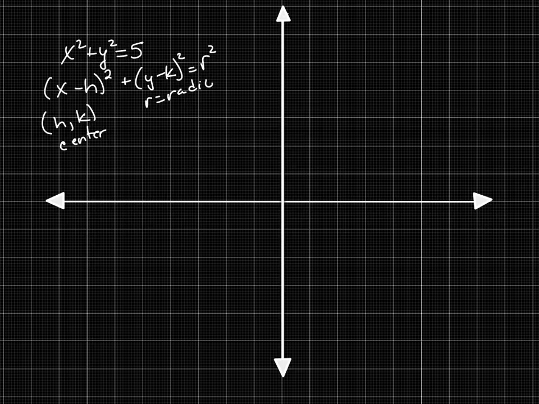Because there is no plus or minus here, my center of the circle is at 0, 0, and my r squared is equal to 5. So r is equal to the square root of 5, which is approximately 2.2. So I'm going to come out a little bit more than 2 on each section of this graph and draw in my circle.